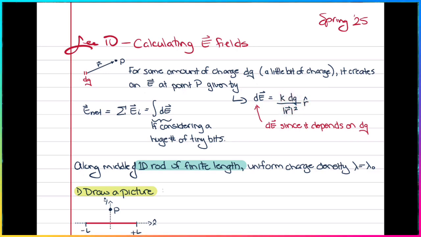And since this entire expression has one of these dq's in it, I'm going to write dE instead of just E. It is, again, the E field that is created from this, but the d is to imply that since this is a little bit of charge, I'm ultimately going to want to add up all these tiny contributions. And that's essentially what we want to do with E net, which in the discrete case is the sum of the E fields. In this case, we're going to integrate over all of these little pieces.